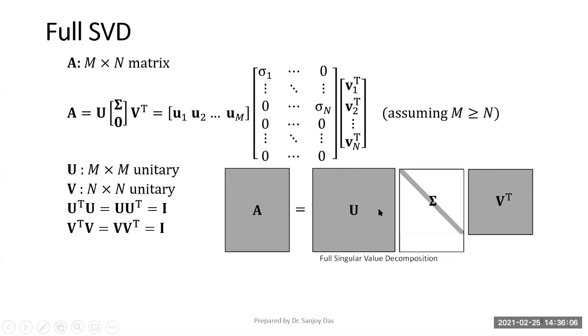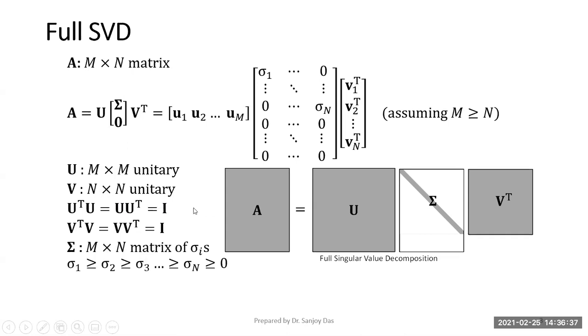Since they're both unitary matrices, U transpose U equals UU transpose equals I, the identity matrix, and likewise V transpose V equals VV transpose equals I, the identity matrix. This is an identity matrix of size M, and this is an identity matrix of size N. Always keep track of these sizes.